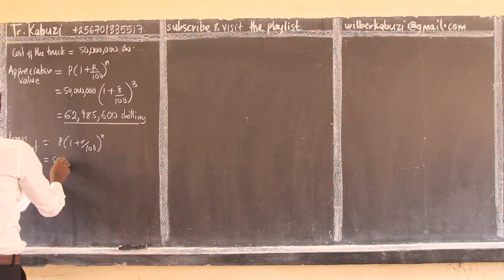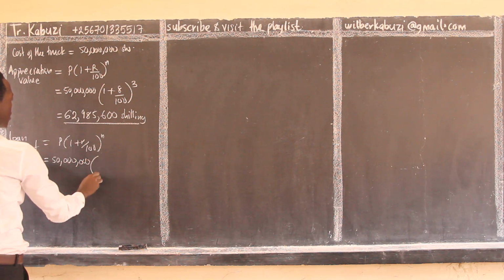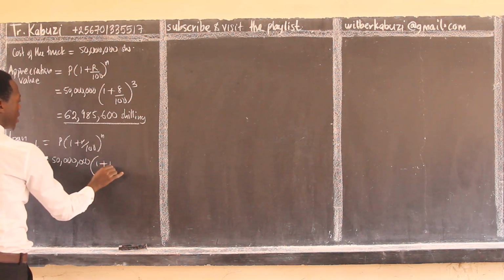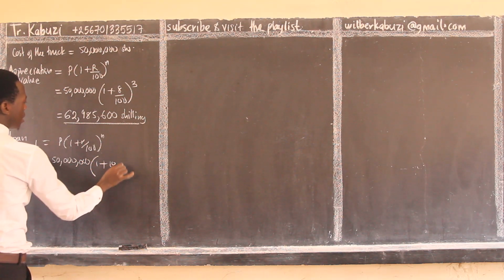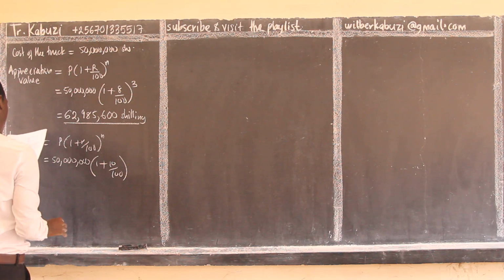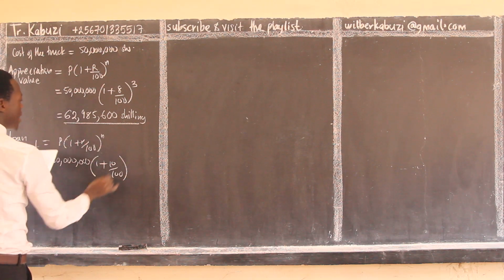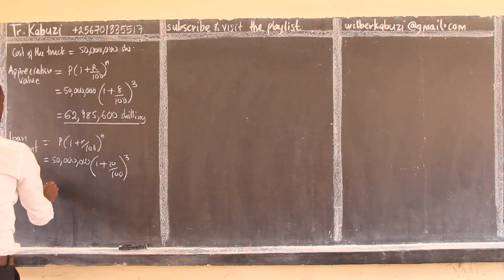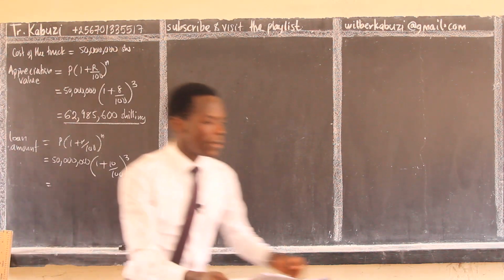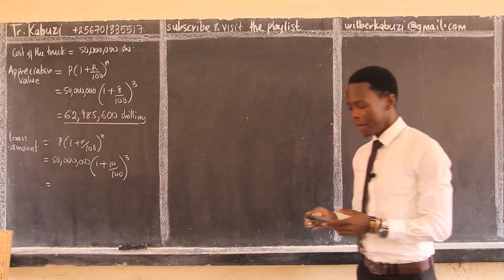So, to be having 50M, in case they don't want to use their money, the loan is then repaid in 3 years to finance the purchase of that truck. Let us see now what they will be having there.